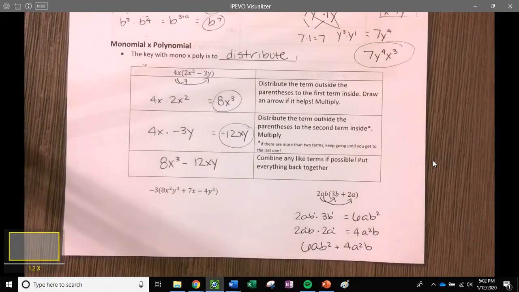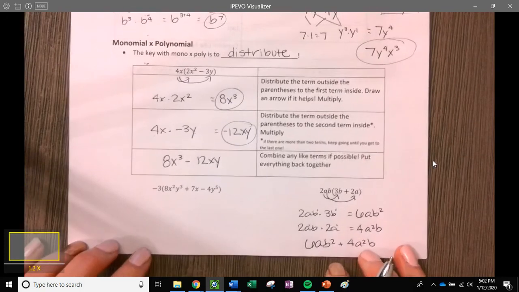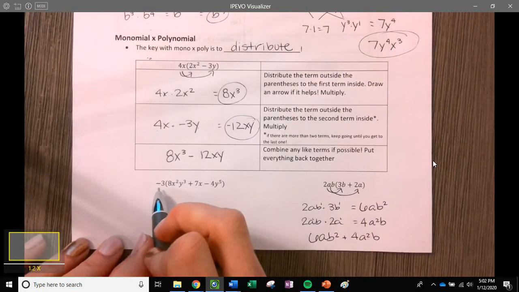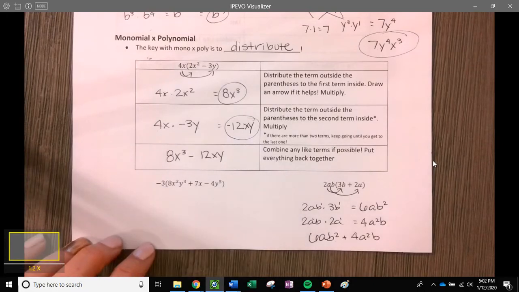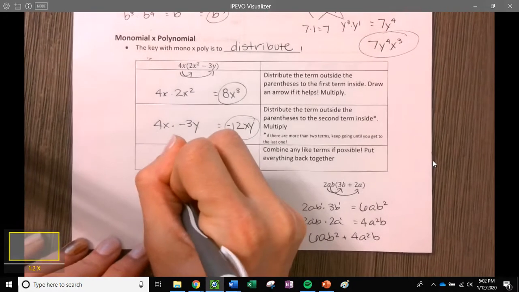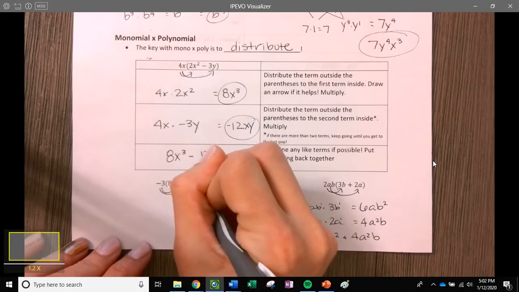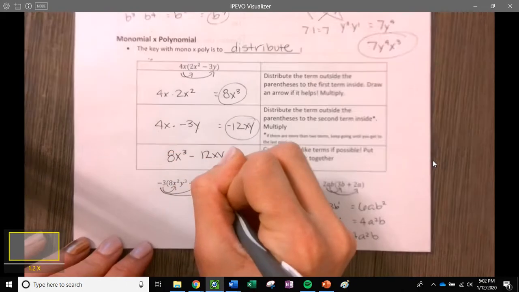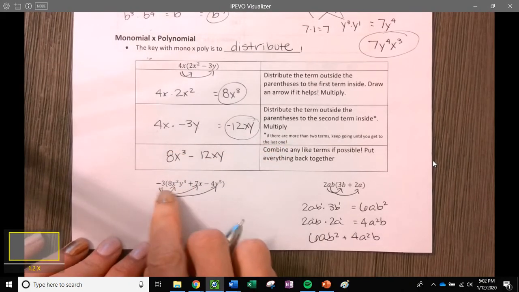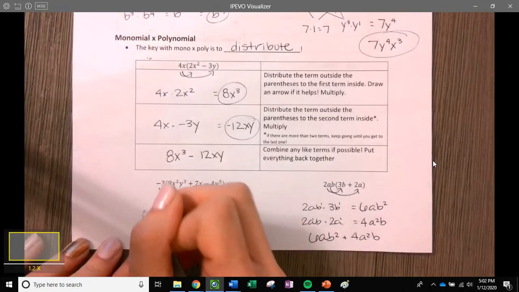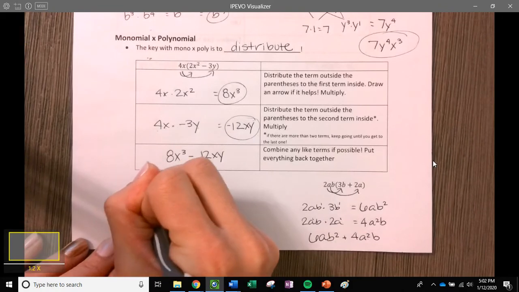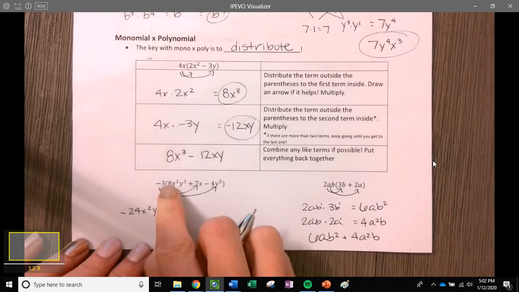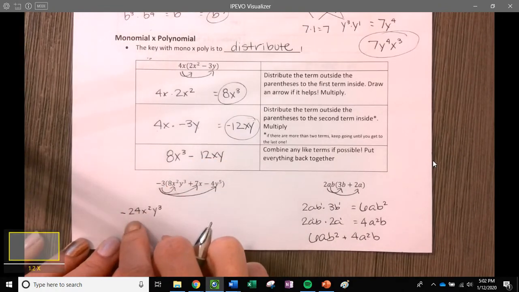Okay, so let's try this last one. We're going to take negative 3. Now, this is actually not going to be too bad because there's no variables on the negative 3. We're going to distribute to the first term, to the second term, and to the third term. So negative 3 times 8x squared y to the third is going to be negative 24x squared y to the third, because 8 times negative 3 is negative 24.